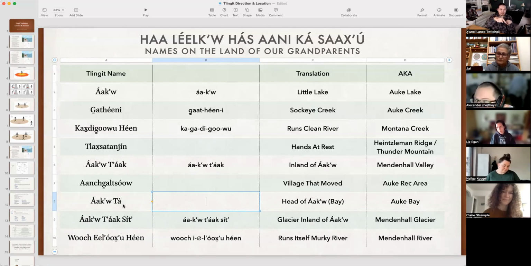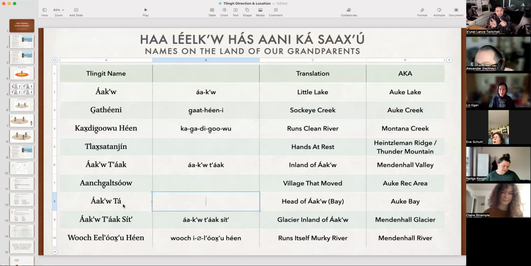I guess I don't know how to do this. And then the water's out here. So at whatever this sort of high point is coming into the mouth, into the bay, that's called the head of the bay. So this word means the head of the little river, or the little lake, sorry, but it actually is referring to the bay that's in front of us. There's some buildings and stuff, there's a dock that's right there. And so the ta part is the head of a bay. So this one is ta.